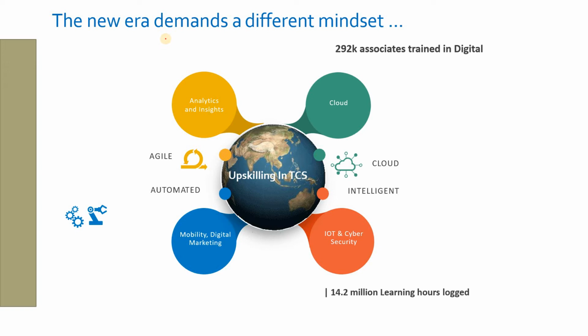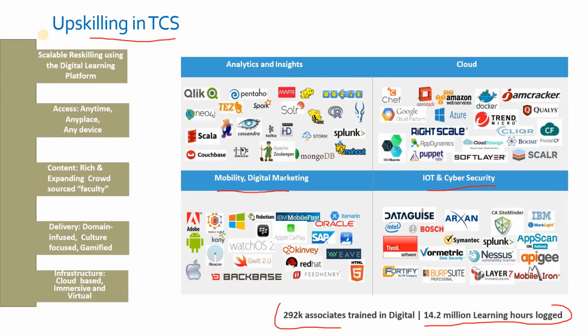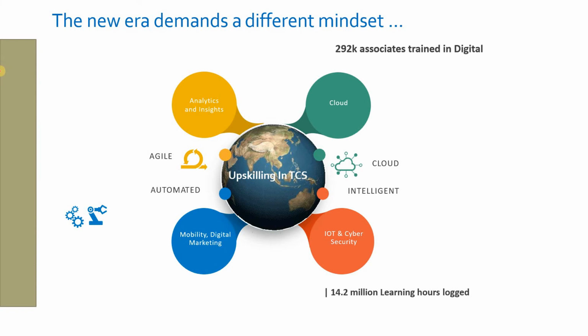Upskilling in TCS I put in the middle, and now you can see the four pillars they put here: analytics and insights, cloud, mobility and digital marketing, and IoT and cybersecurity.